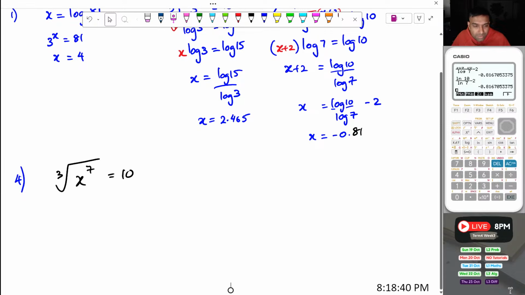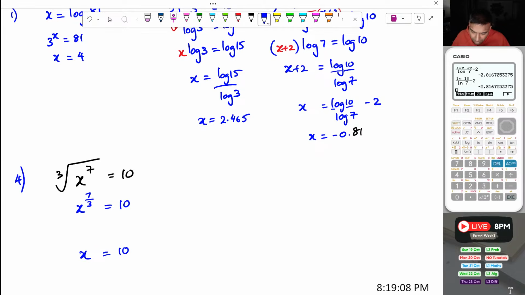When you have the cube root of x to the power of 7, we write this as x to the power of 7 over 3 equals 10. All you have to do is get rid of the 7 over 3, by bringing the power to the opposite side and flipping it. So x is equal to 10 to the power of 3 over 7.